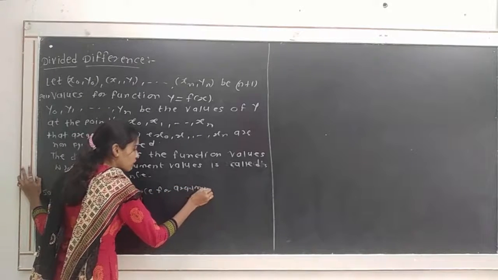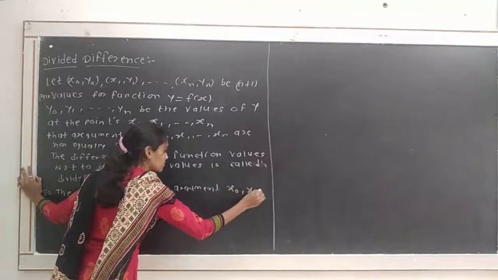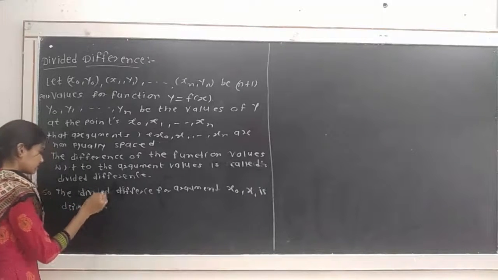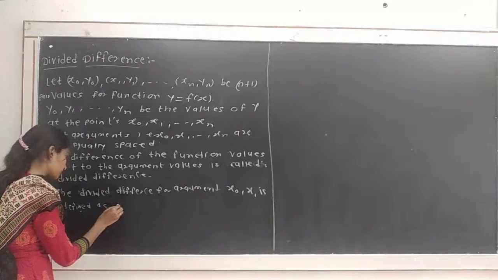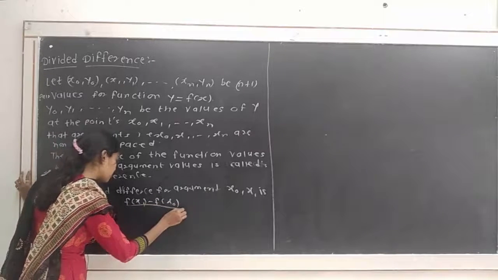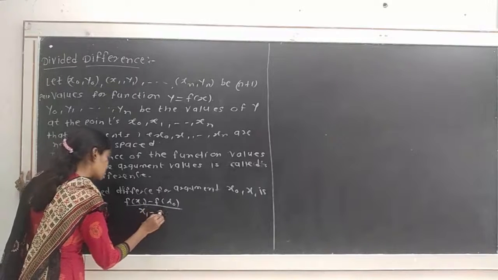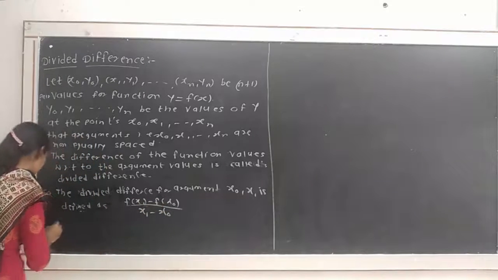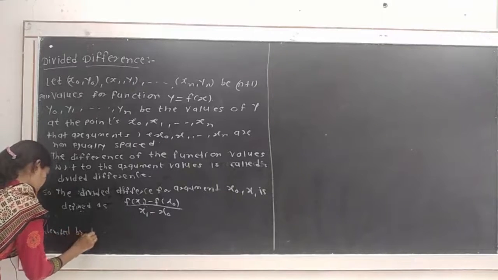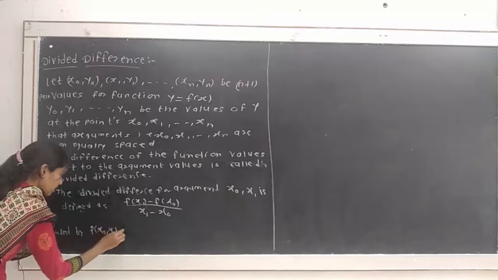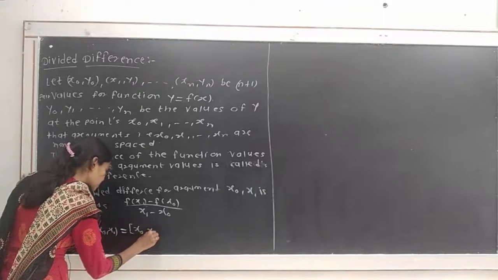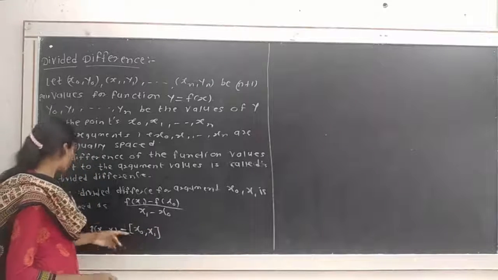The divided difference for arguments x0, x1 is defined as f of x1 minus f of x0 divided by x1 minus x0, and denoted by f of x0, x1, or in square bracket x0, x1, which are also notations of divided difference.